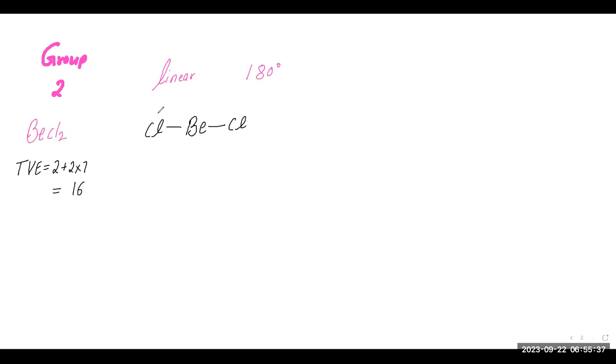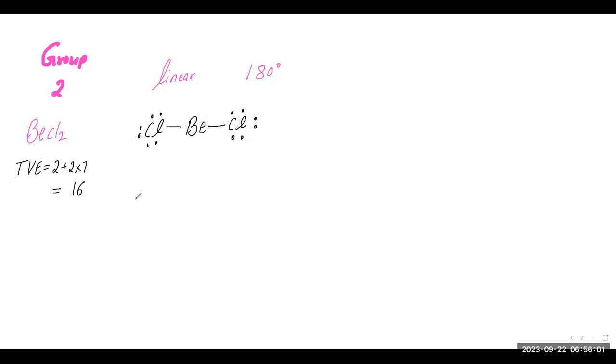Check how many are used. Rule number 5, you remember how many are used? 8 here, 8 here. All 16 are used. You can check the formal charges. You see formal charge on everyone is 0 here. Formal charge, you remember the equation?